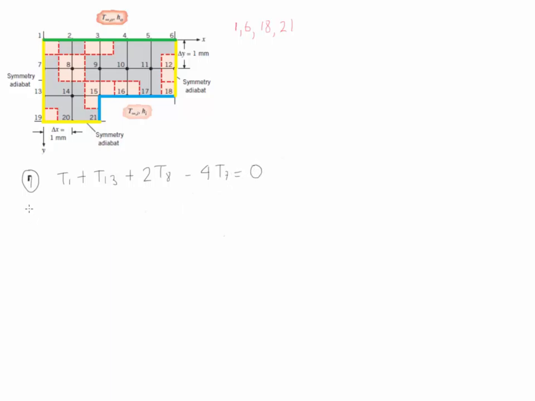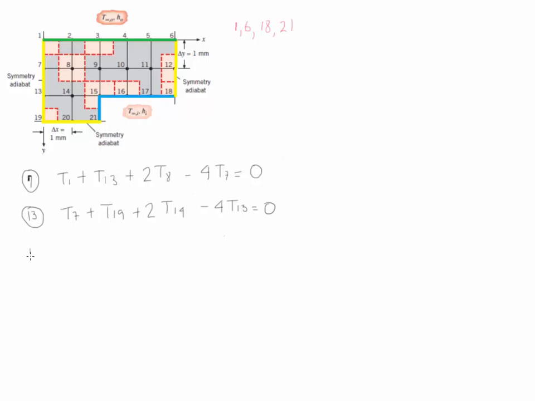In the same format, we write for node 13, and the adjacent nodes are 7, 14, and 19. So we have T7 plus T19 plus 2 times T14 minus 4 times T13 equals 0.